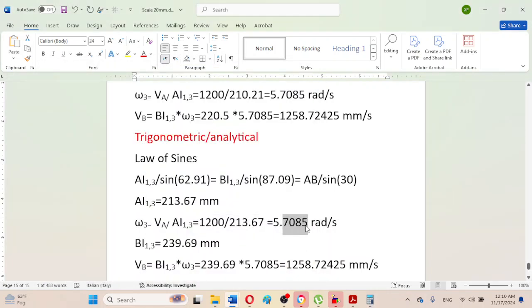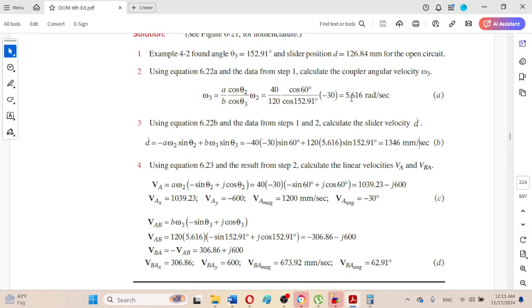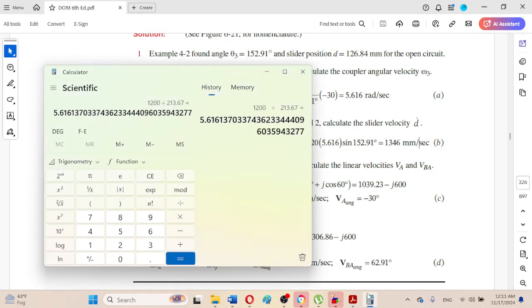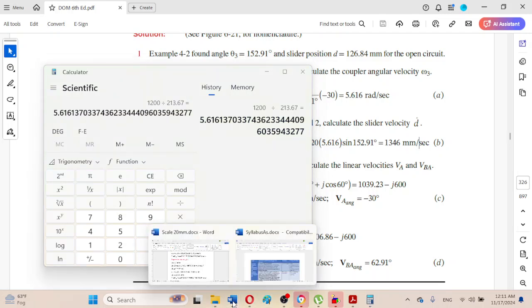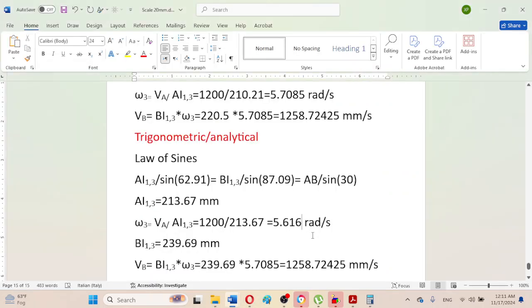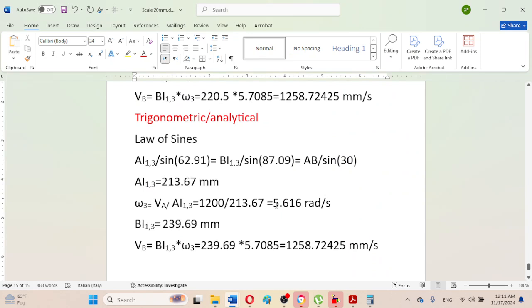This was the analytical result as it was shown here, 5.616 radians per second. So use this analytical value here, because in the analytical formula the analytical results must be input.